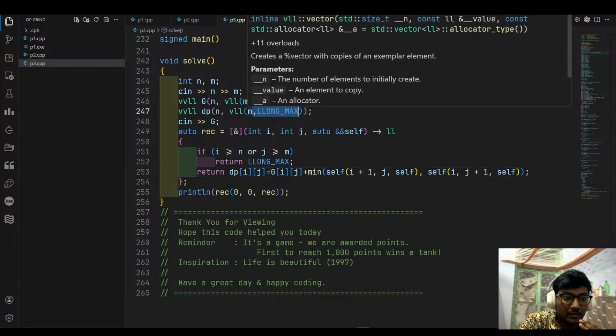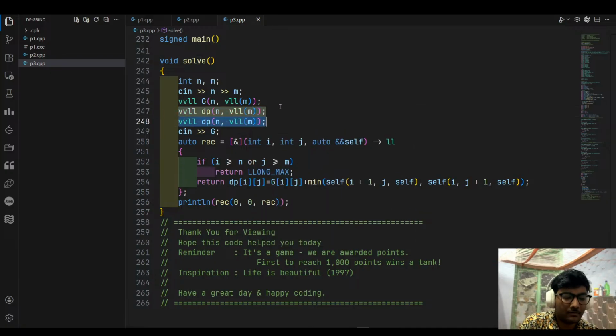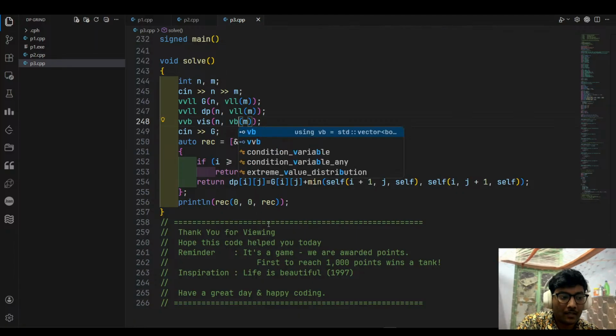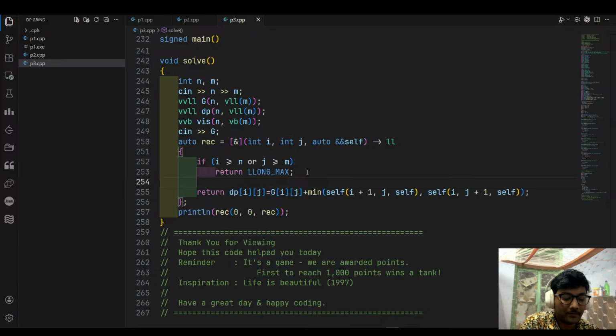It is more elegant, better, I should say. So visited array. I think the Boolean is enough. So initially by default it is false. Return dp of i j, of course before that I should say visited of i j equal to 1.